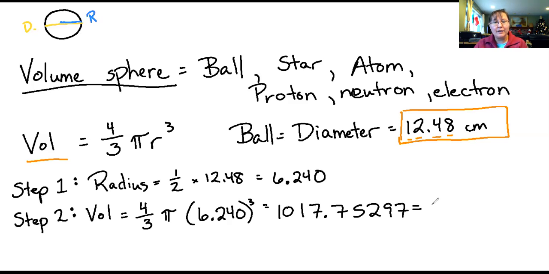And the answer that I will get on my calculator is 1017.75297. But I can't use all of those. I can only have 4 significant figures, 1, 2, 3, 4. And the 7 means that I will round up. So the volume will be 1,018 cubic centimeters. Okay.